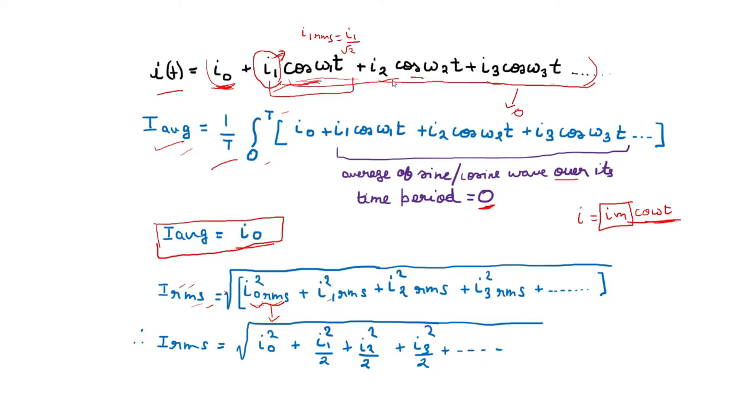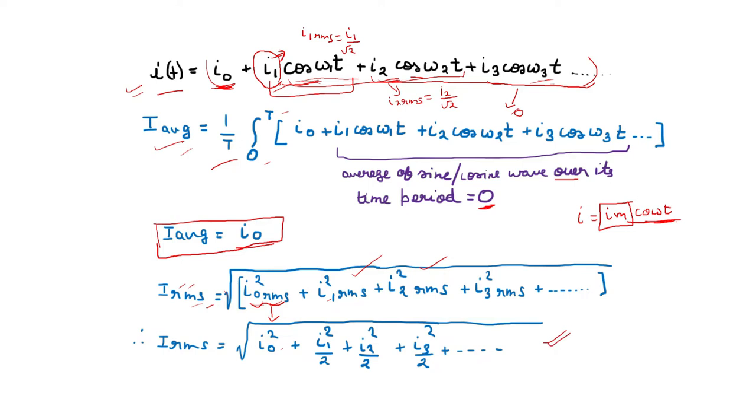Similarly, I2 is the maximum value of this component and I2 RMS is I2 upon root 2. And similarly, here also I3 upon root 2. We put these values here and on squaring we get this. So the RMS value or root mean square value of this current is the square root of I0 squared plus I1 squared upon 2 plus I2 squared upon 2 and so on.